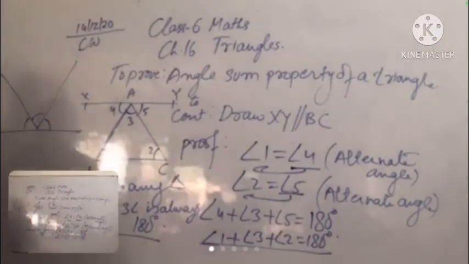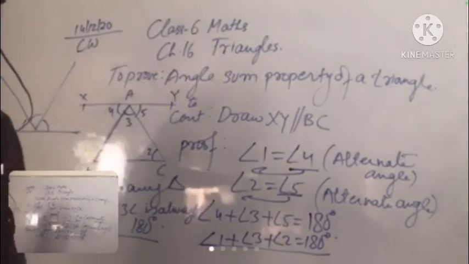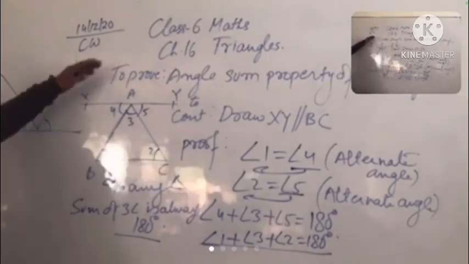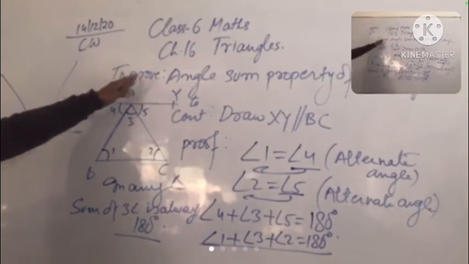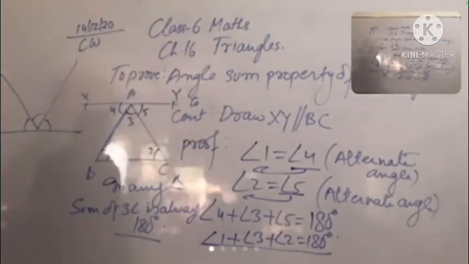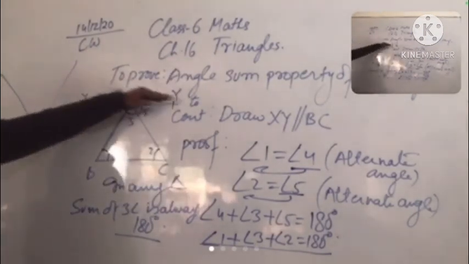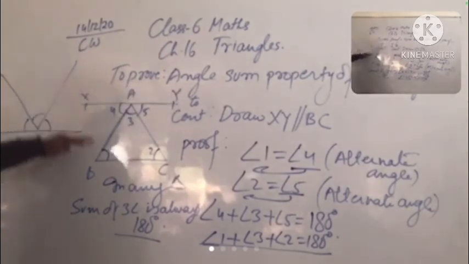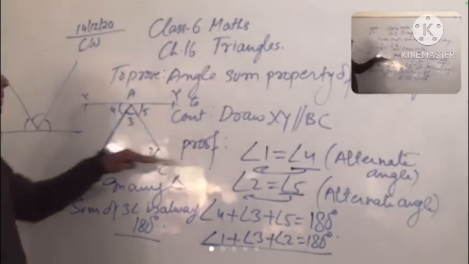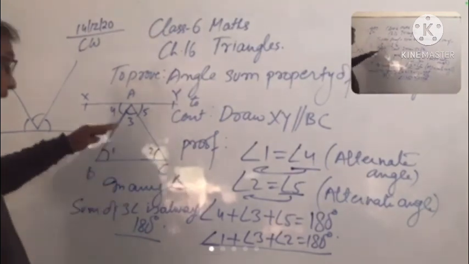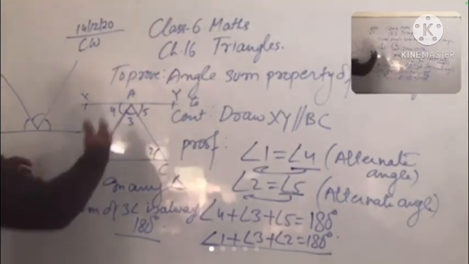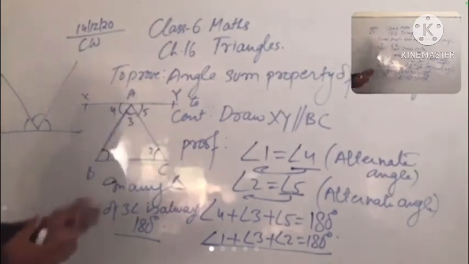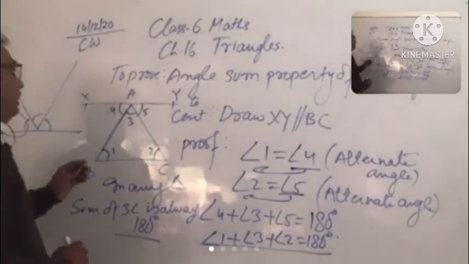This is the rule for the triangle. A closed figure with 3 line segments is a polygon, and this polygon is called a triangle, and its angle sum property is 180 degrees. It is fixed for all triangles.